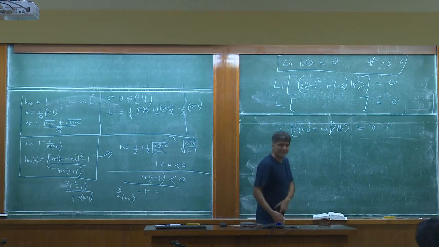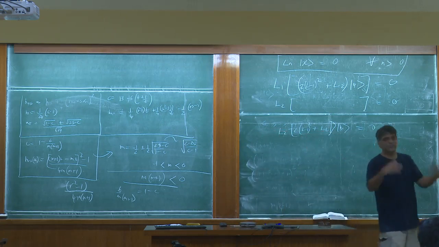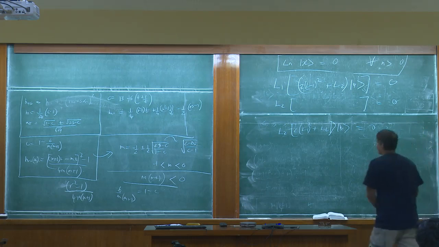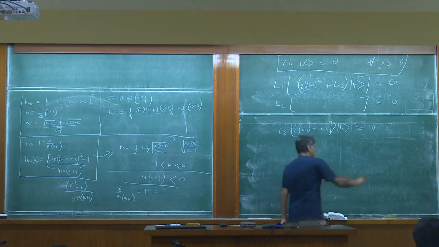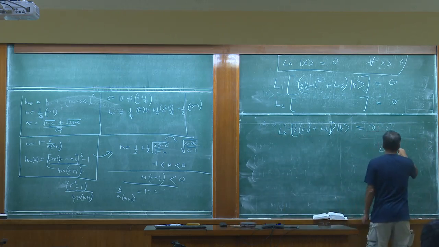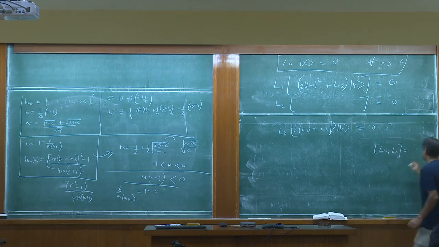We always do the same thing: we take this through to the end, L2 kills psi, and whatever's left is left. So let's first do L2 with L minus 2. What was our algebra? It was Ln, somebody please remind me.